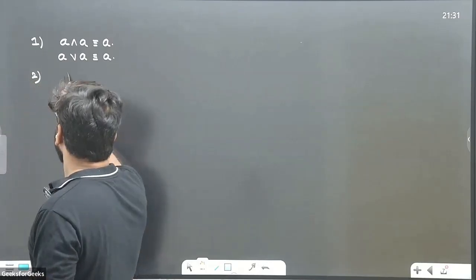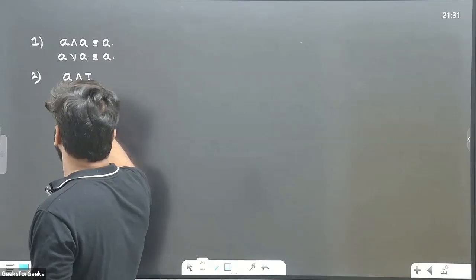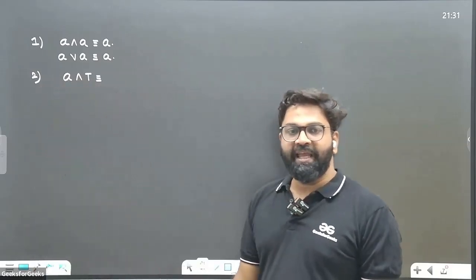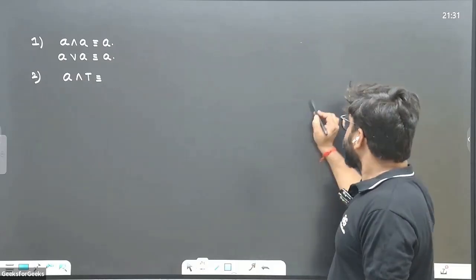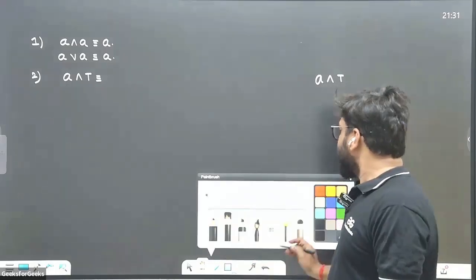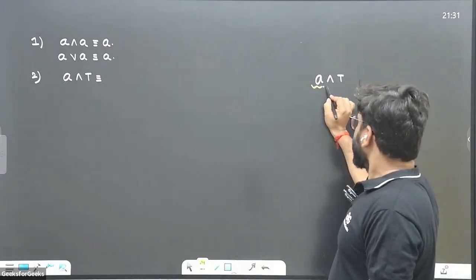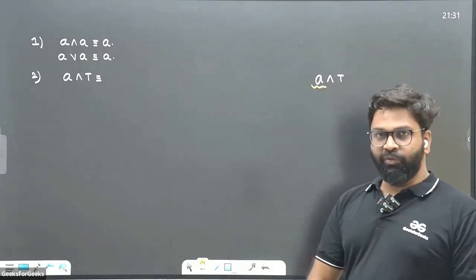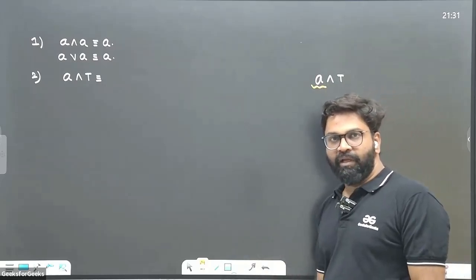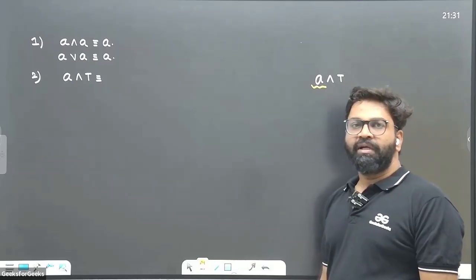Second type of formula: suppose I write A and true, and I don't know what A and true will look like.